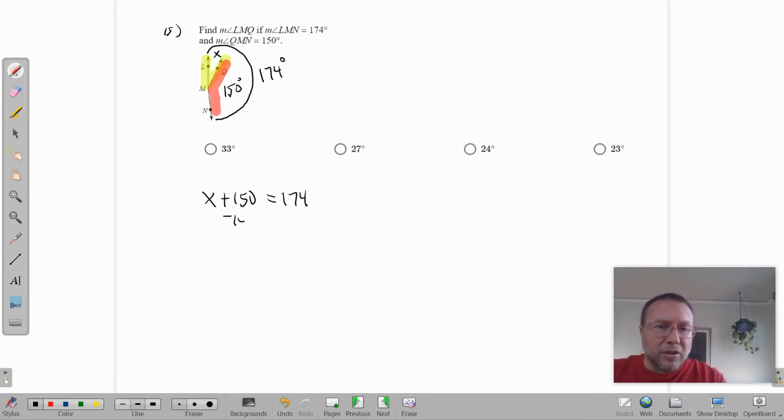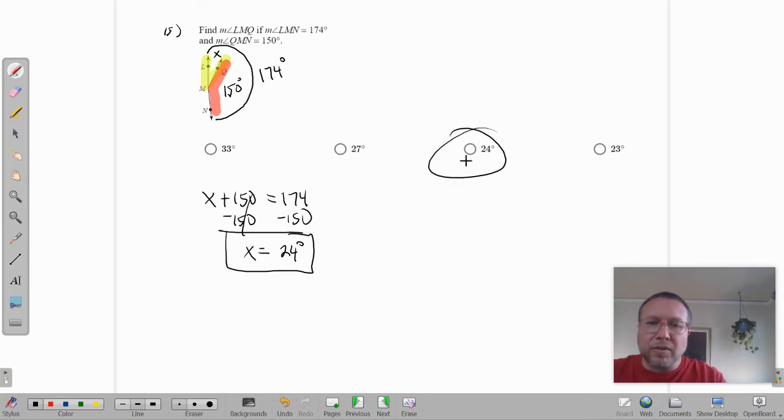And then now I just need to solve for X. When I do that, I get 24. And so 24 degrees would be my answer. So the difference here is that we knew the whole angle, we just didn't know the part. So we had to solve for the part. On the previous problems, we knew both the parts, just not the whole. So sometimes those things get flipped around like that.